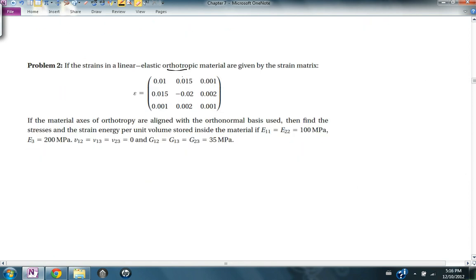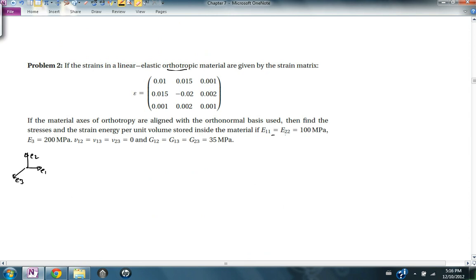So, a linear elastic orthotropic material is given by this strain matrix. And the material has orthotropy aligned with the orthonormal bases used. So, this is E1, E2, and E3. And the relationship between the stresses and the strains are given in this orthonormal basis set. And we need to find the strain energy.